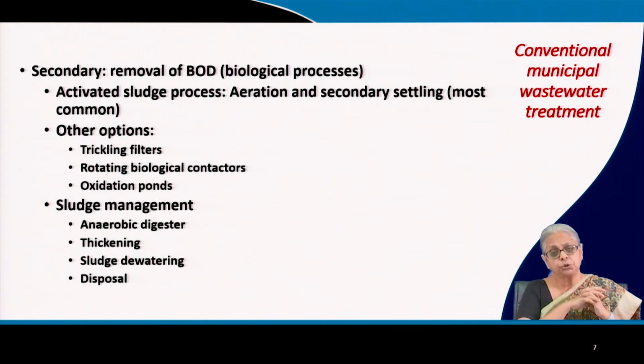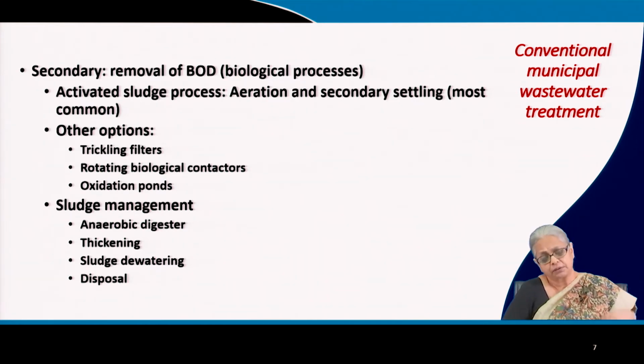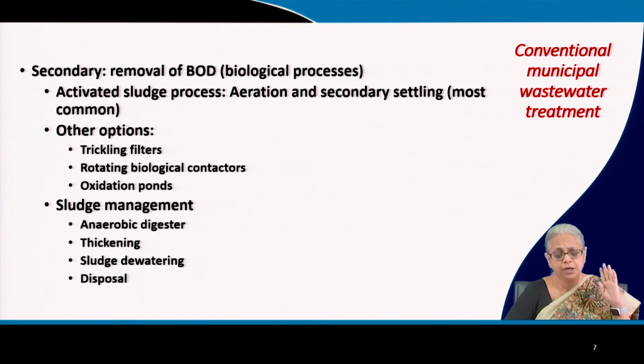I've already shown you the entire flow chart, and I've shown you that sludge is one of the biggest streams within the wastewater treatment plant. Like I've already shown you, the sludge from the ASP goes to the anaerobic digester. In fact, the sludge from both the clarifiers, the primary settling tank as well as the secondary clarifier, both of them end up in the anaerobic digester.